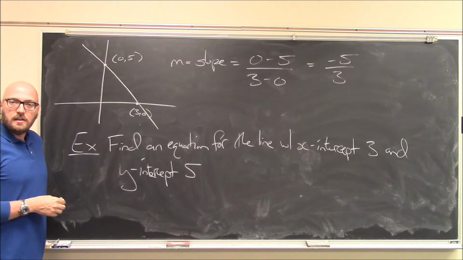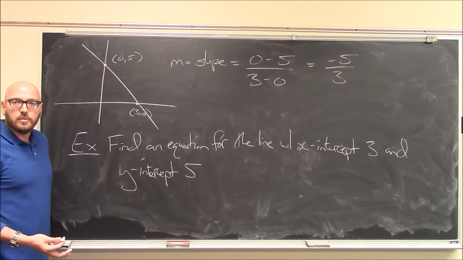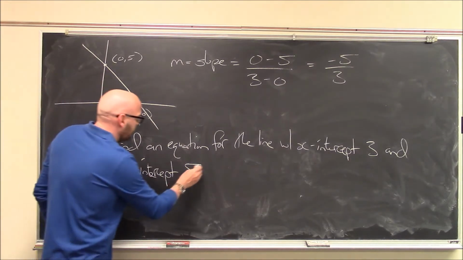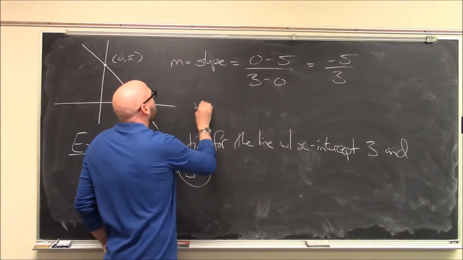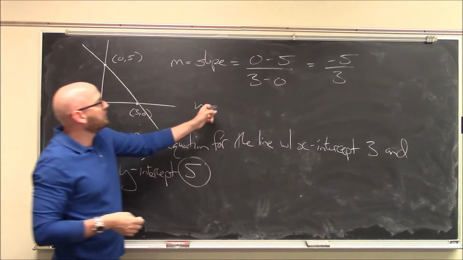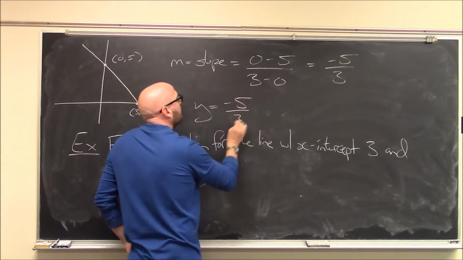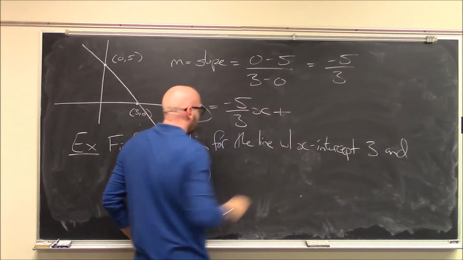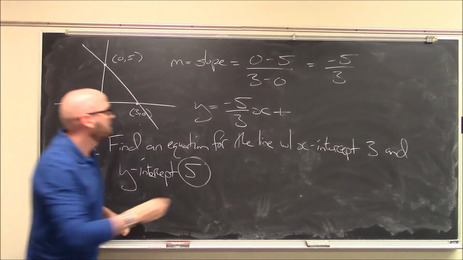What else do I need to write the equation of a line? Well, using the slope-intercept form, y equals mx plus b, I just need the y-intercept. There it is, it's 5. So putting this all together, y equals mx plus b, the equation of this line is y equals minus 5/3 x plus 5.